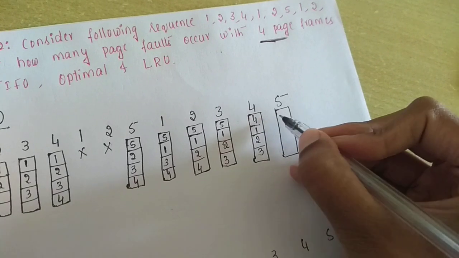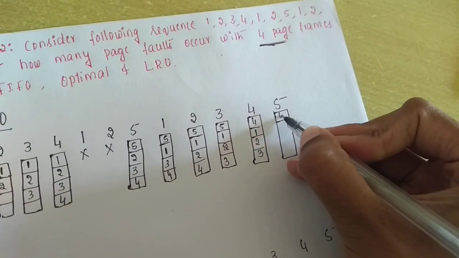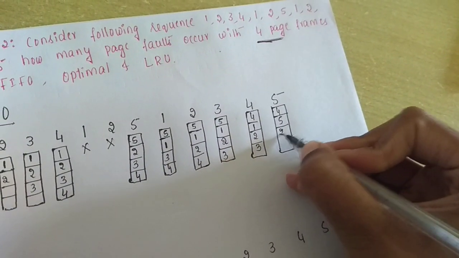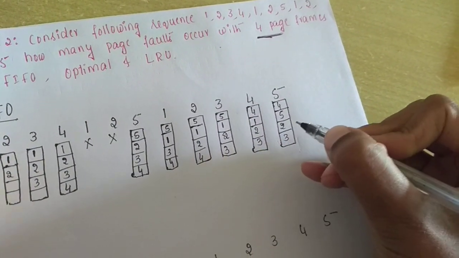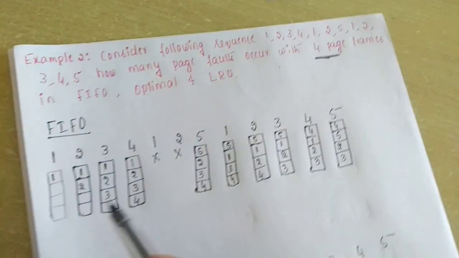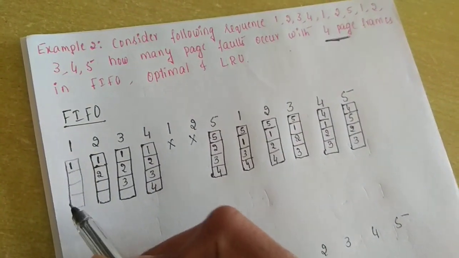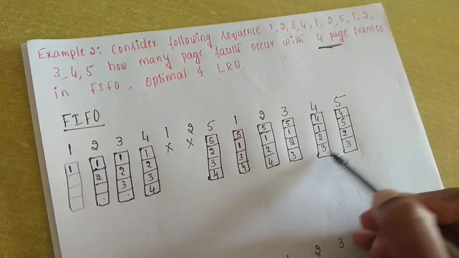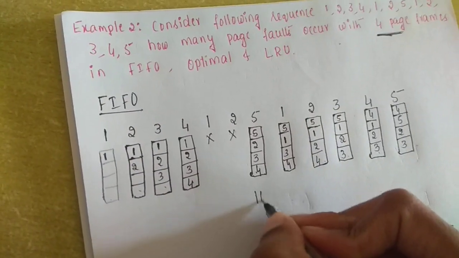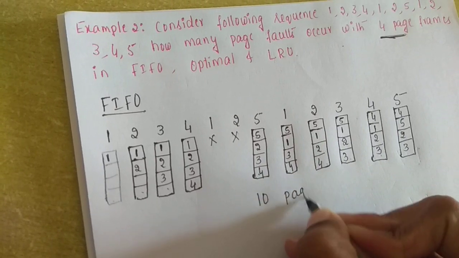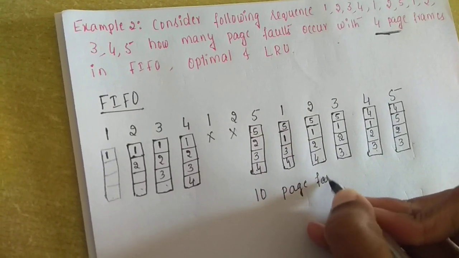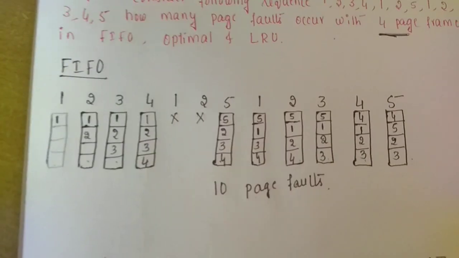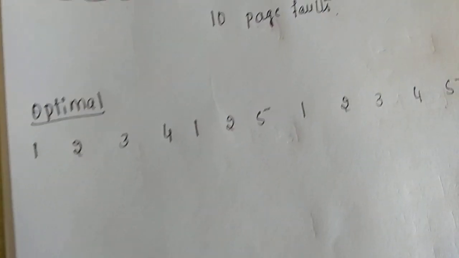After 5 we inserted 1, so 1 is replaced with 5, and 2, 3 retained as it is. So the number of page faults: 2, 3, 4, 5, 6, 7, 8, 9, 10. 10 page faults for the FIFO algorithm.